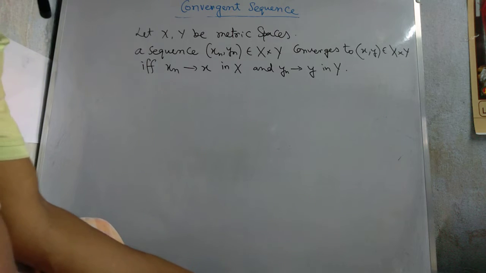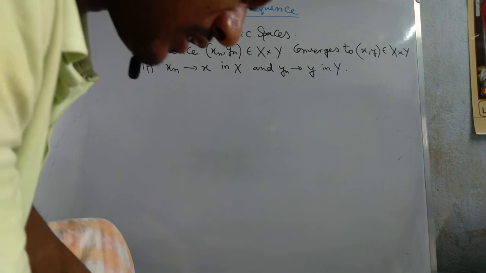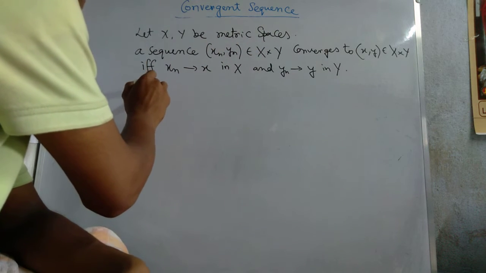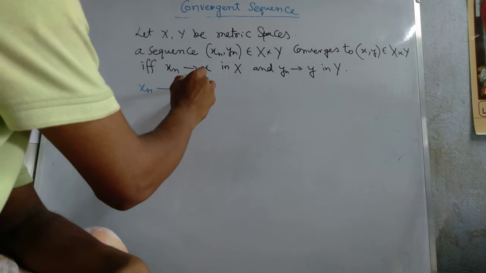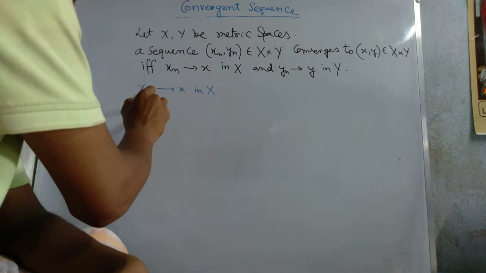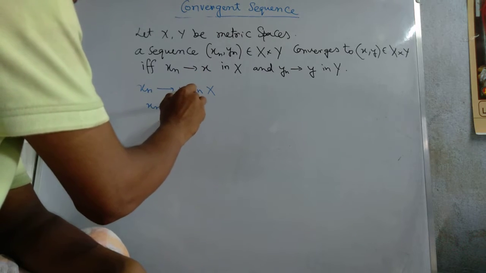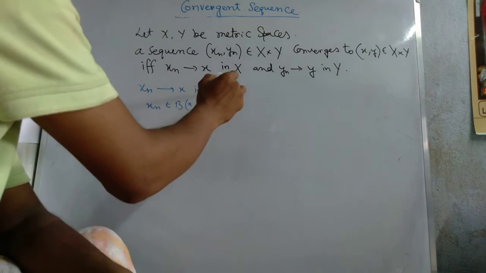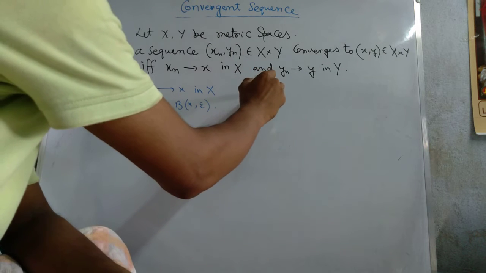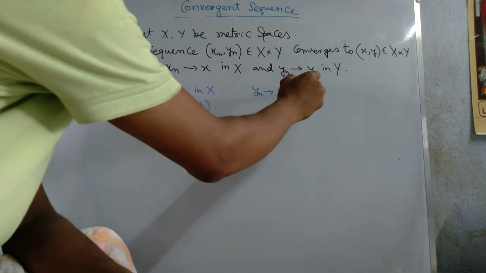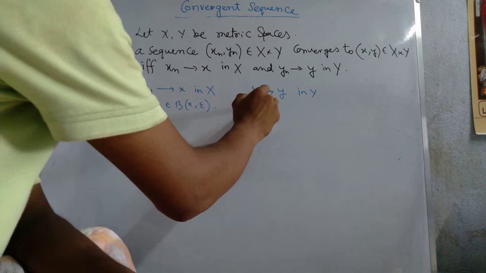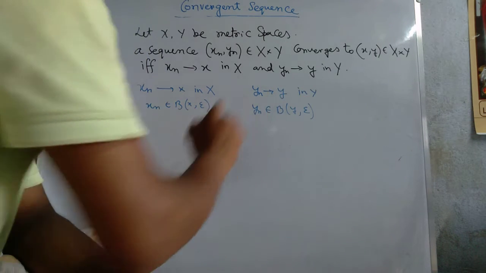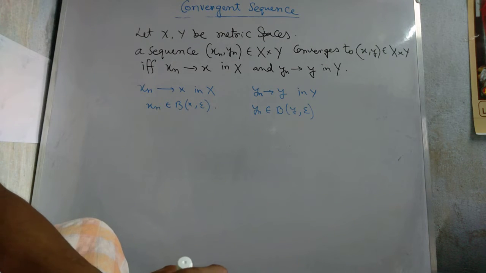So how could we start this one? We know that xn tends to x in X, which means xn belongs to B_X(x, epsilon) for epsilon tending to 0, and yn tending to y in Y means yn belongs to B_Y(y, epsilon) for epsilon greater than 0.